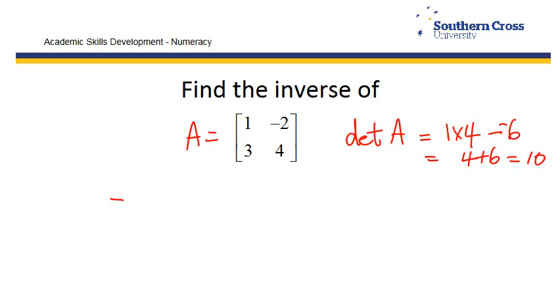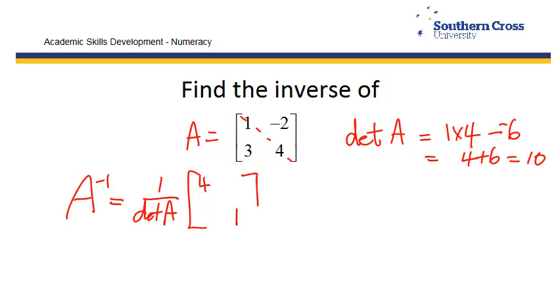So that means that the inverse of this matrix will be 1 on the determinant of A, multiplied by a modified A. In the modified A we need to swap the numbers along this diagonal. So that means a 4 and a 1 will perform a swap. And we change the sign of the other two elements.